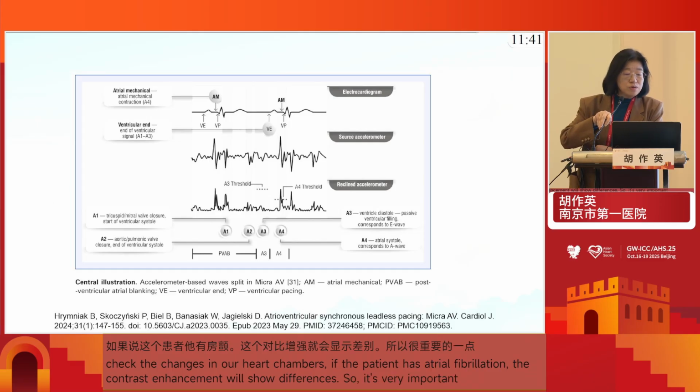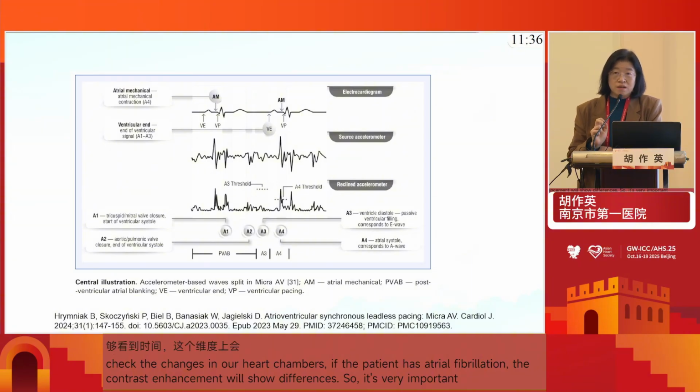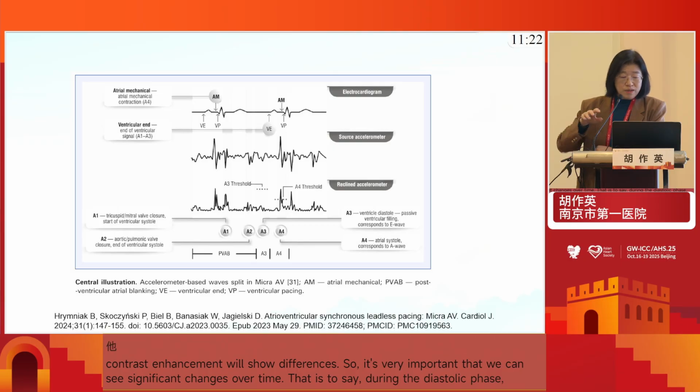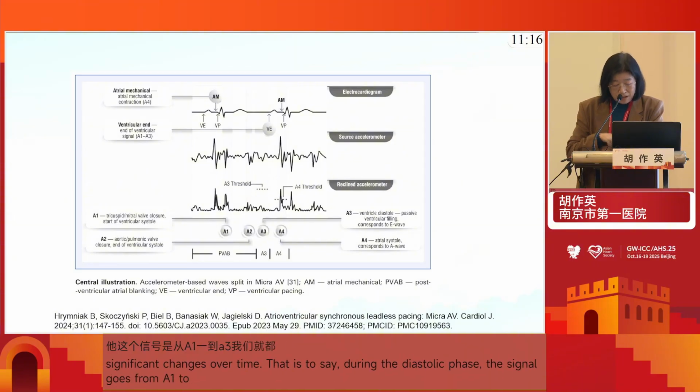So the ventricular end, it means all the ventricular contraction or diastole. So the VE, the end of the ventricular signal, is from A1 to A3, so we'll know that it is all for the mechanical VDD sensing.